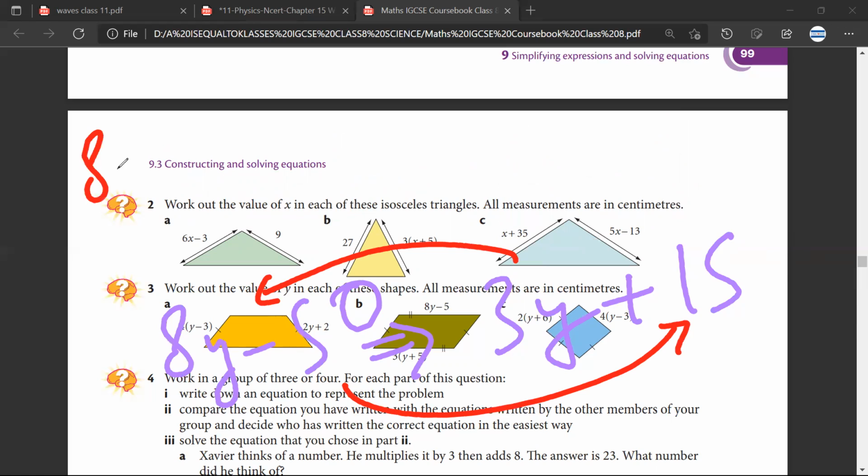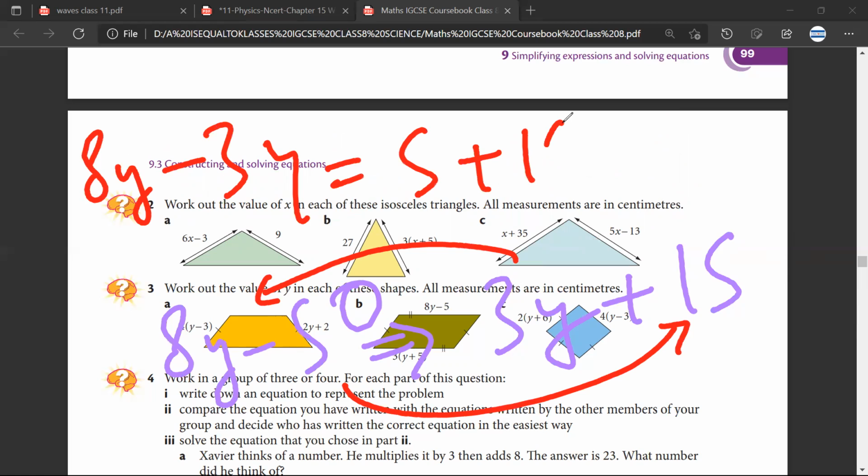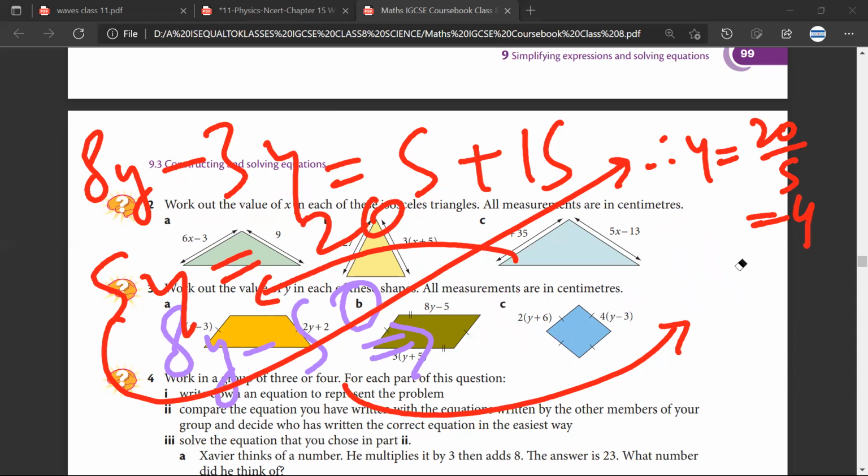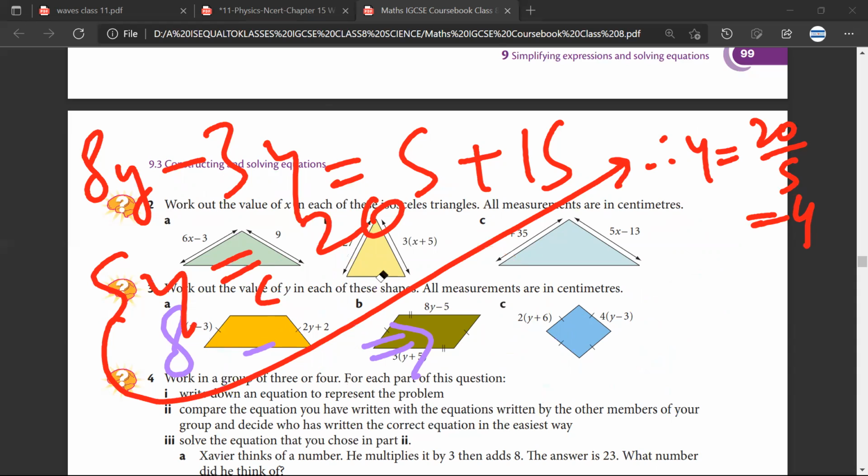So it will become 5y equals 20. So y equals 4. Any doubt? No, sir.